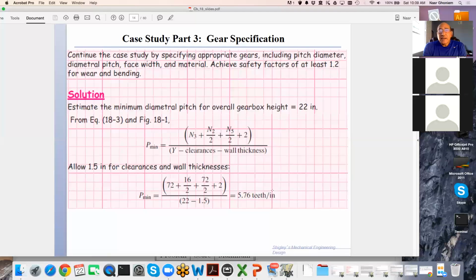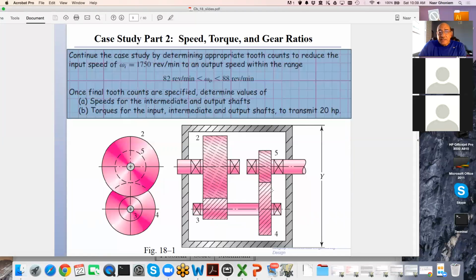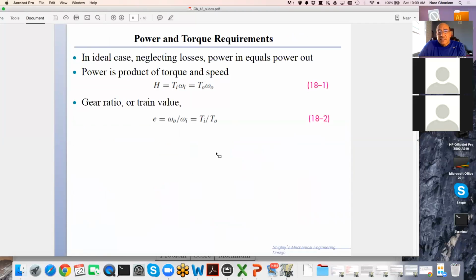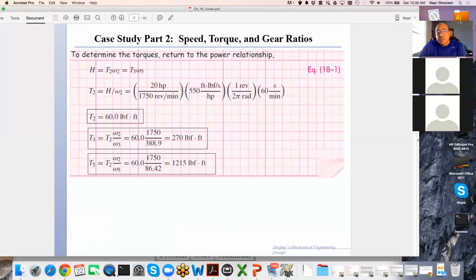So that raises the question of lifetime, and the lifetime depends on the forces. If we go back, we see here that our next step is actually to get into the torque business. The horsepower is the torque times the angular speed, which you can convert to RPM with a conversion factor, and that we can use to determine forces.